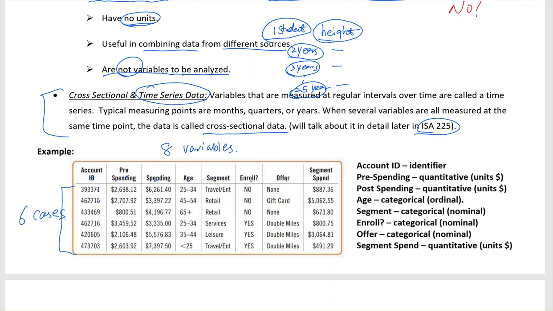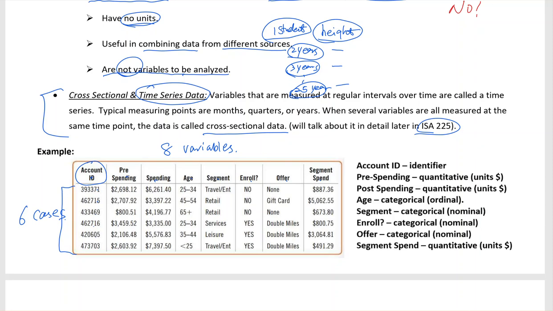right? And then for each variable, we need to identify or think about what the type of this variable is. It is very, very important before you analyze the data. So first, let's talk about each. Account ID.